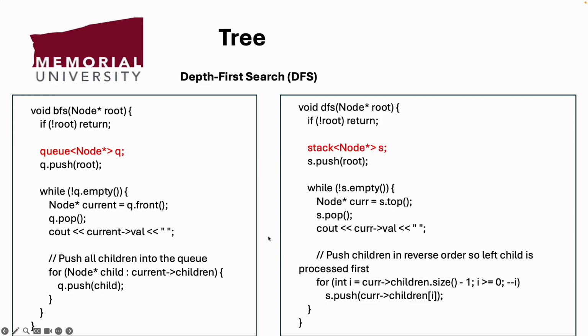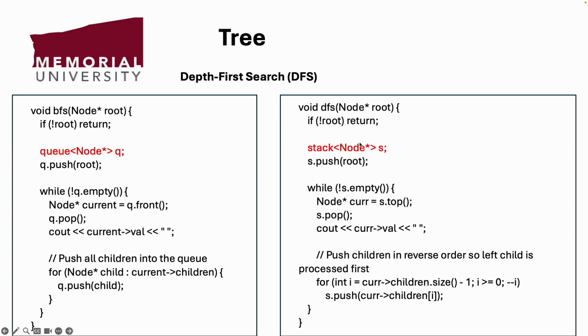Some students may notice that this is different. But for depth first search, if you ignore the left to right order, you can use the same code as breadth first search to push all the children into the stack. It means it will not follow left to right; it becomes a right to left process.